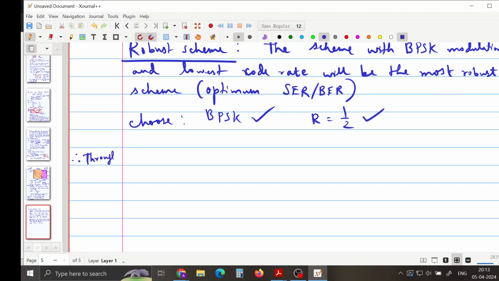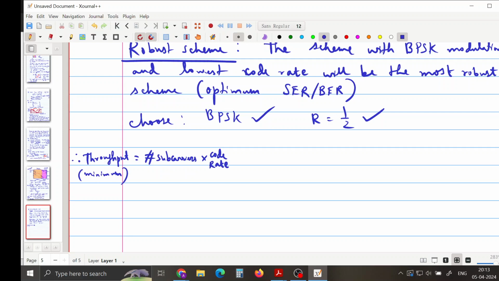Okay, throughput, that's the minimum throughput that we are obtaining for the robust scheme here, is equal to number of subcarriers times code rate. Okay, because code rate is the fraction of the message bits out of the total block length.